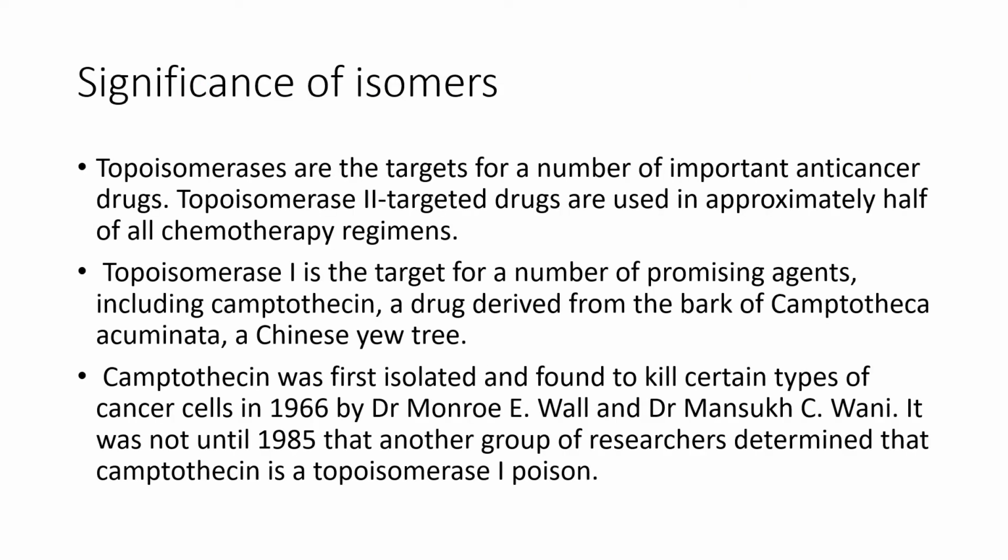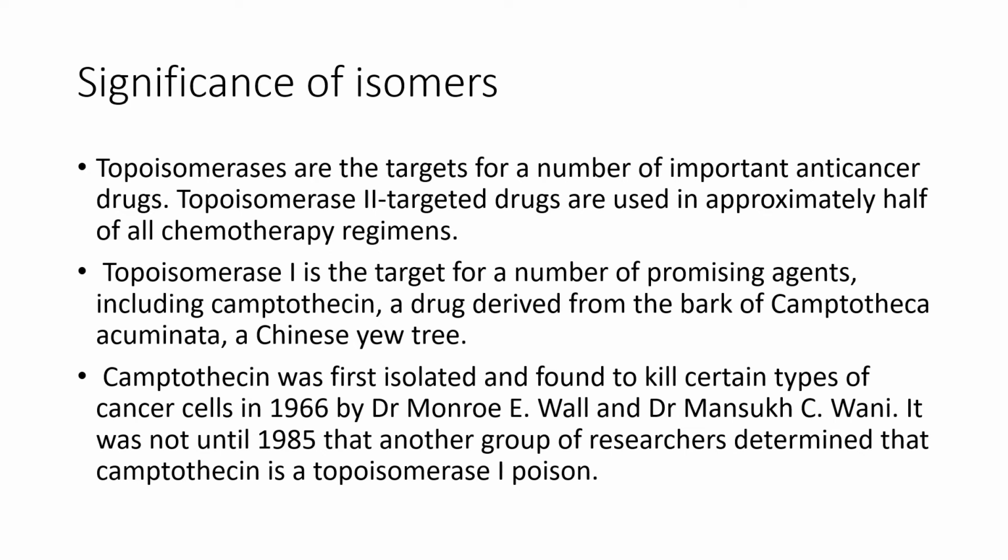Now, what is the significance of these two topoisomerases, topoisomerase first and topoisomerase second? Topoisomerases are the targets for a number of important anti-cancer drugs. These topoisomerases are used to treat cancer patients. Topoisomerase second targeted drugs are used in approximately half of the chemotherapeutic treatments.